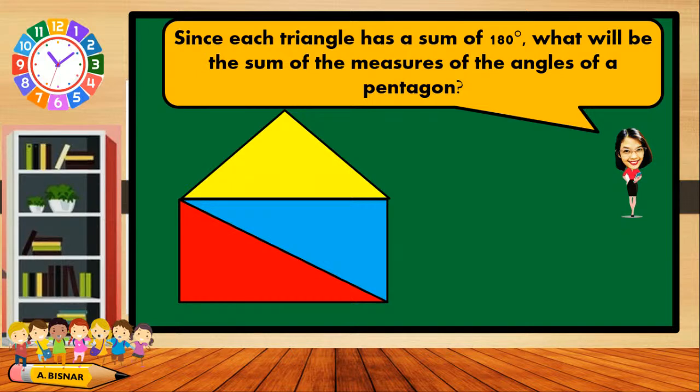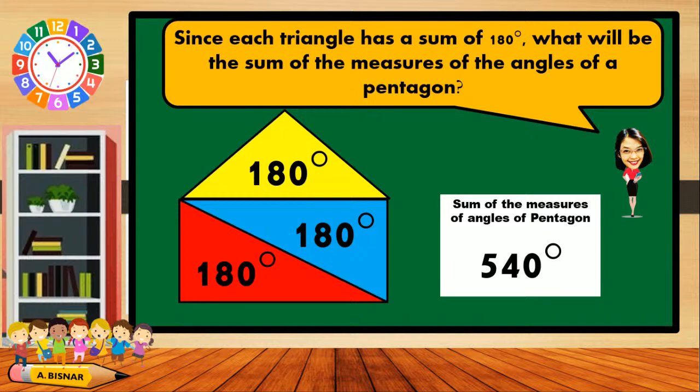What do you think is the sum of the measures? Okay, that's correct. Since each triangle has a sum of 180 degrees, then the sum of it is 540 degrees. Gets po? Gets or gets na gets?